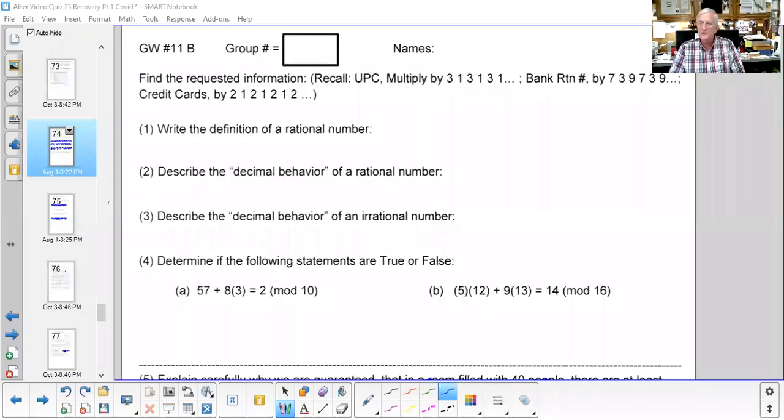So here we go, and I'm going to start by reviewing the homework from last night, which was 11B. Give me a second to share the screen here. We'll bring up the sheet 11B, and hopefully you've got your sheet 11B handy, and we'll go over that.